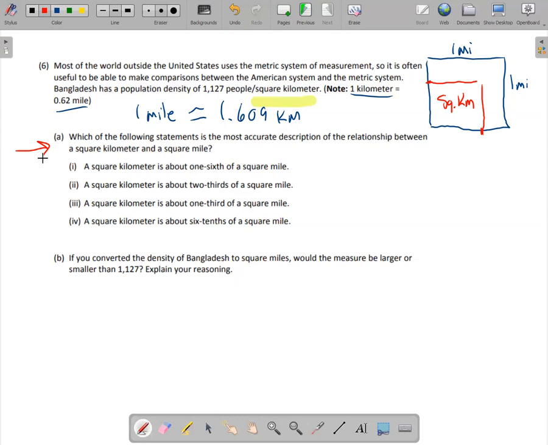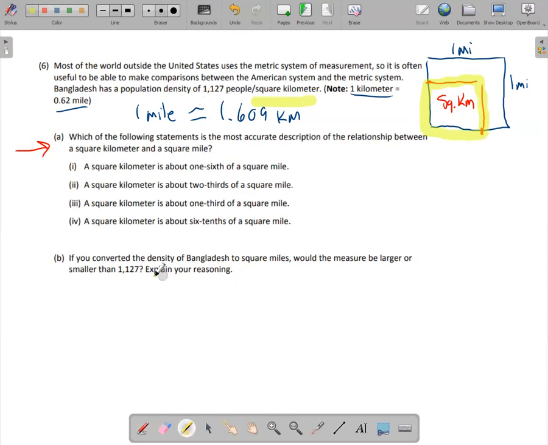All right, so right now we have the population density of this square for Bangladesh. How many people in Bangladesh fit inside that square? 1,127. That's what it says, right?